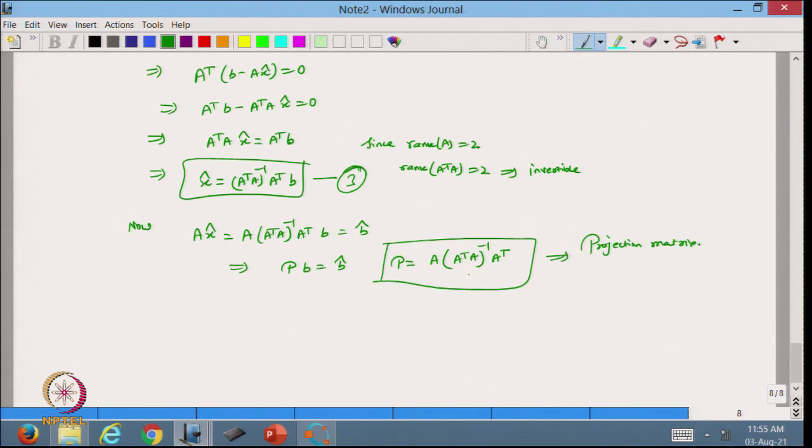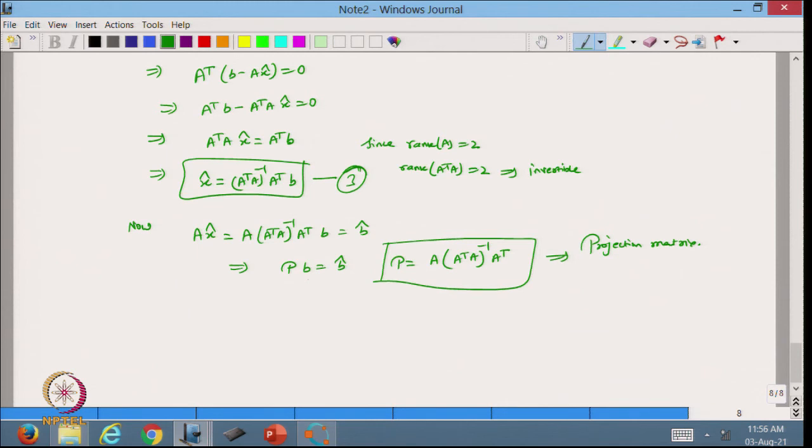If I use this matrix on any vector, it will project that vector into the subspace made by the columns of A, that we have already seen. That's why it is called the projection matrix.